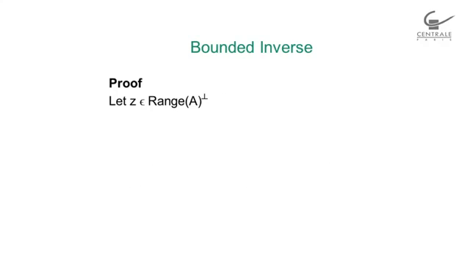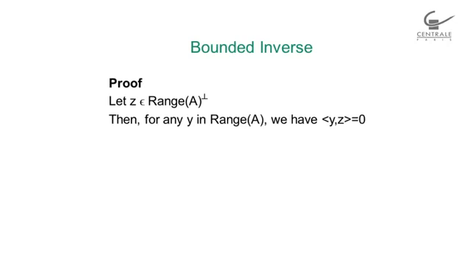Now, let me choose z in the orthogonal to the range of A. And this means that the inner product of z with anything in the range of A will be 0. So, for any y in the range of A, we have the inner product (y, z) equals 0. Now, Az is in the range of A, of course.